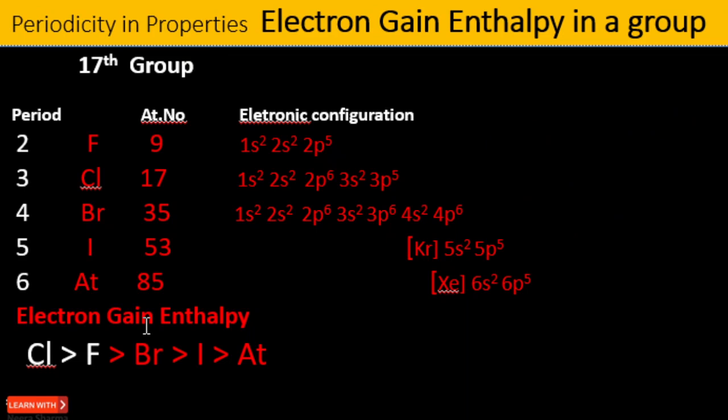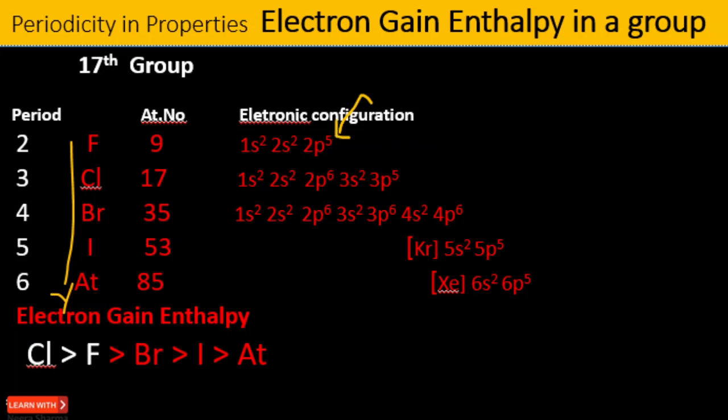If we take, let's say, the 17th group: fluorine, chlorine, bromine, iodine and astatine. As we go down the group, you see what happens to electron gain enthalpy. What are we doing in electron gain enthalpy? We are adding an electron into the outermost shell.